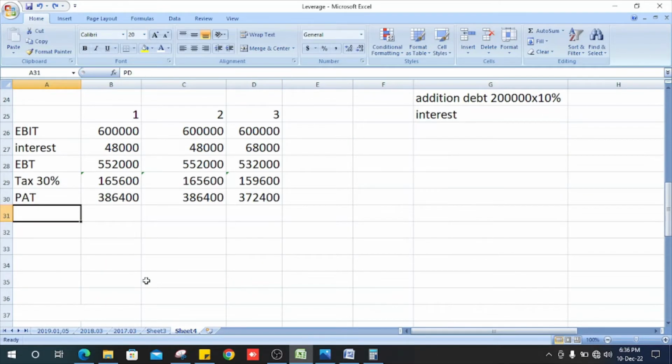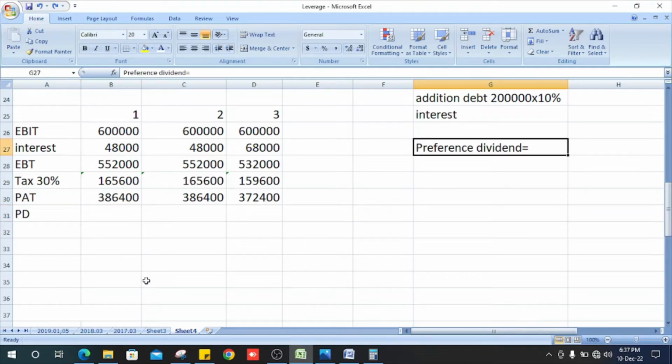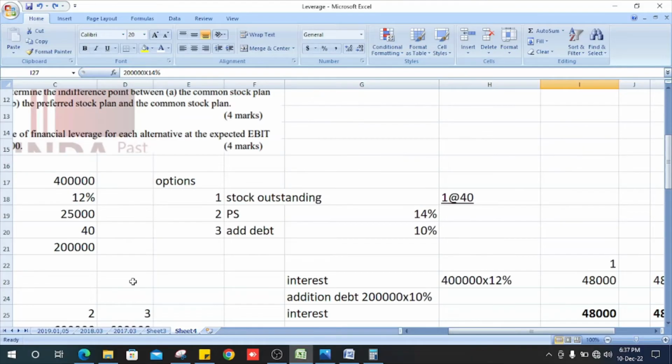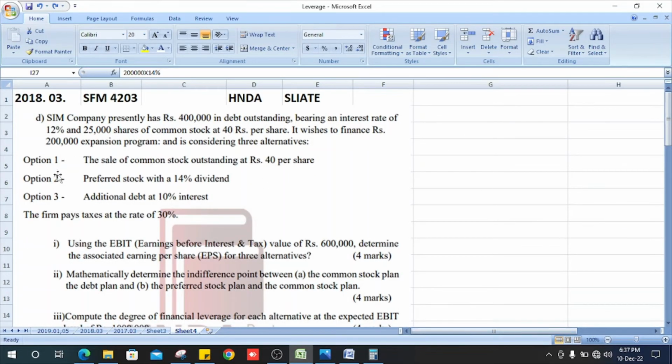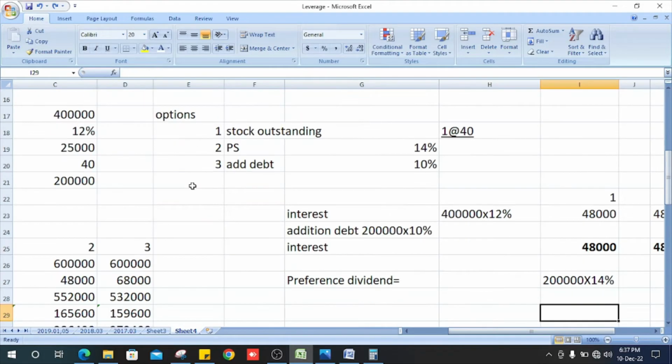How do we get the preference dividends? They say the preferred dividend is 14%. It is 200,000 into 14%. What is the answer?